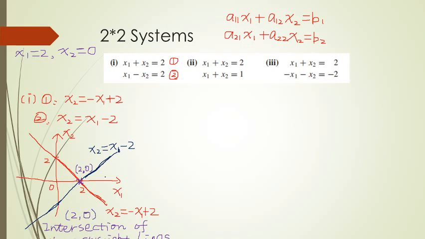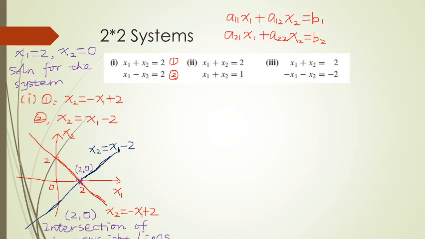And if you check, when x1 equals 2, when x2 equals 0, 2 plus 0 equals 2. 2 minus 0 equals 2. So that is actually the solution for the system, right? Solution for the system.